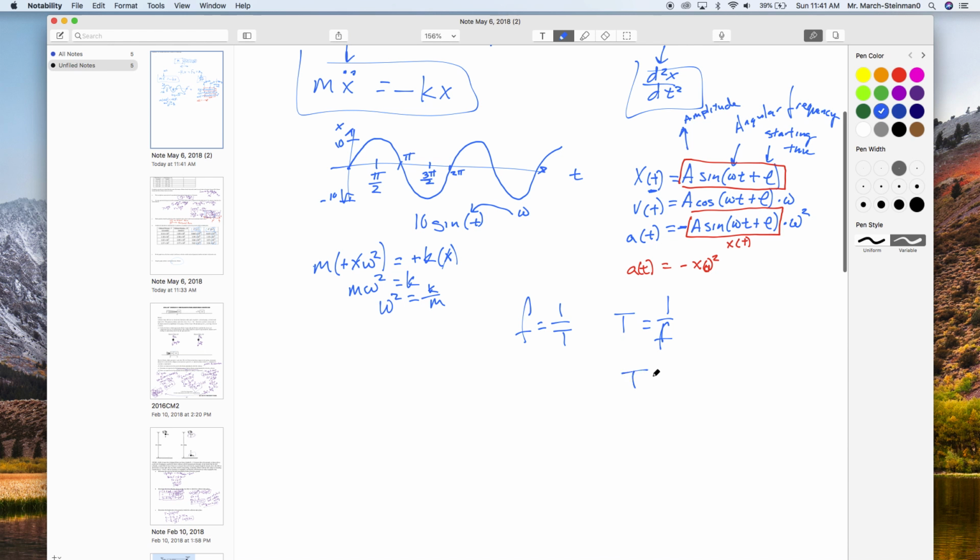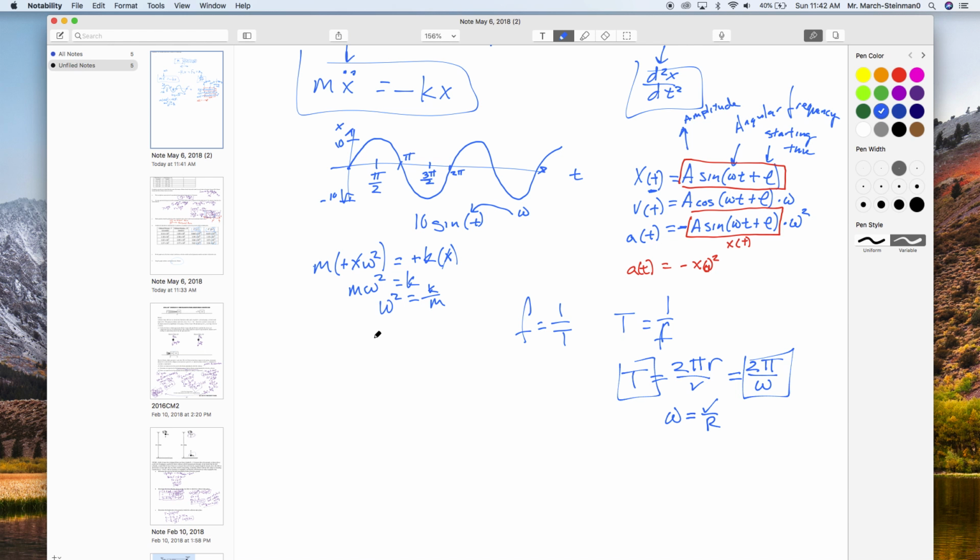Just like we see period equals 2 pi r over v, from this expression we can see that omega r equals v, so v over r is omega. Well, then we have 1 over omega here. So period equals 2 pi over omega. So 2 pi over omega is my period. And so if I get down to omega, I should be able to find my period here.